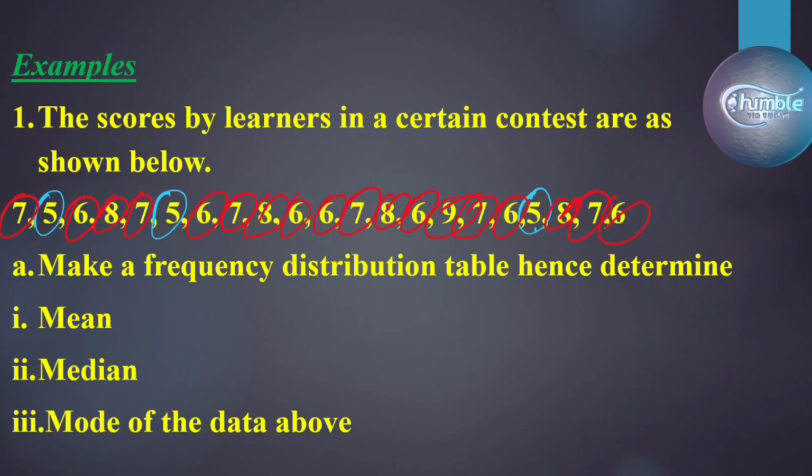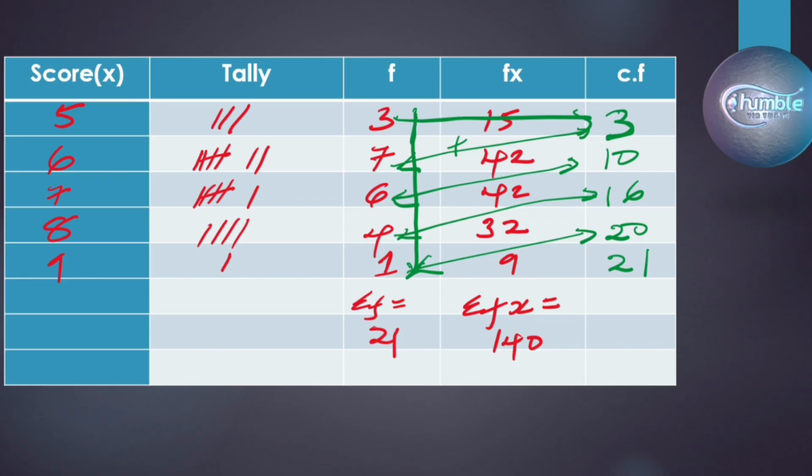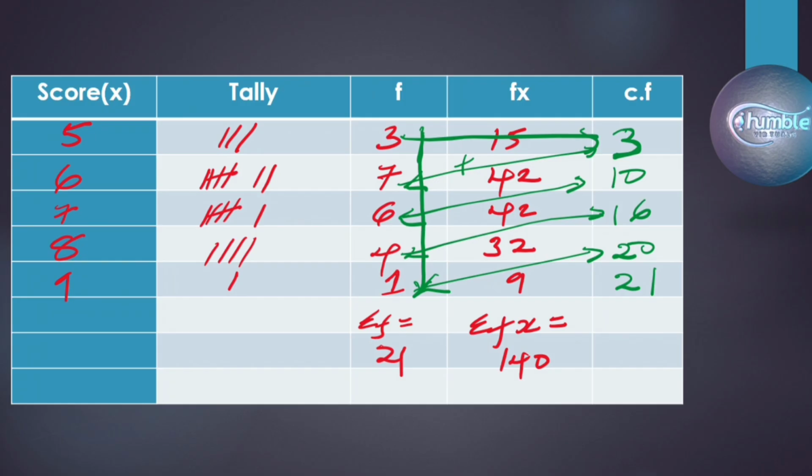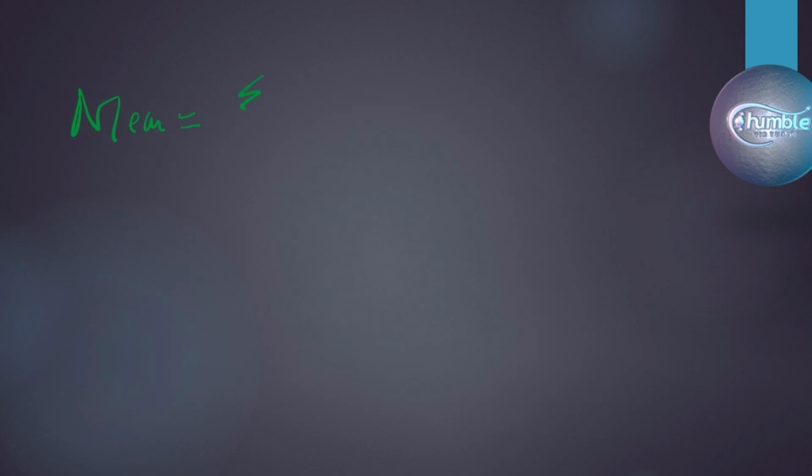Now, we were told that we should get the mean. So how do we get the mean? Mean is given by summation of f of x divided by summation of f.